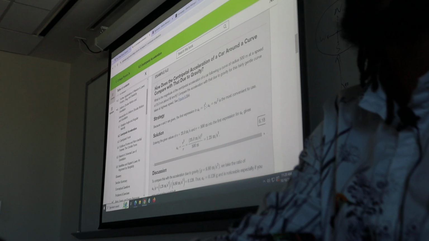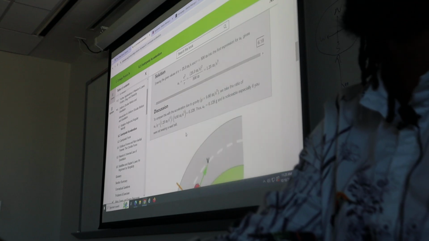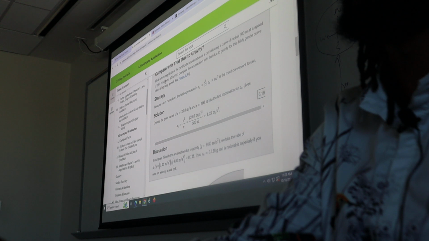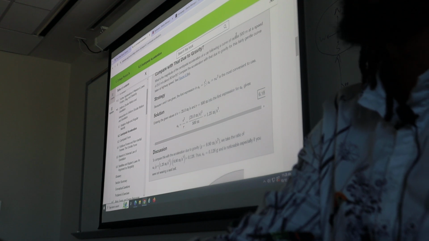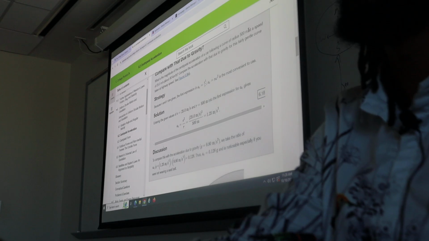How does the centripetal acceleration of a car around a curve compare with that due to gravity? A car is moving at 25 meters per second around a curve with a radius of 500 meters.